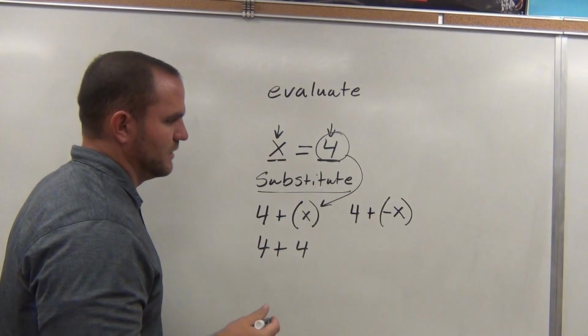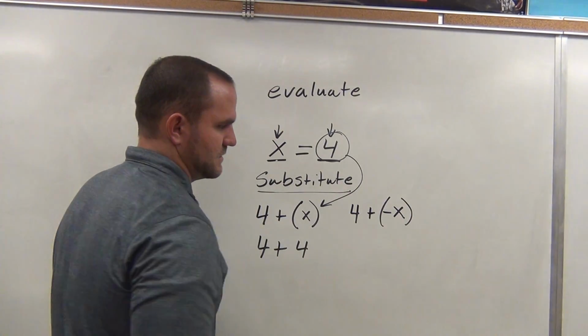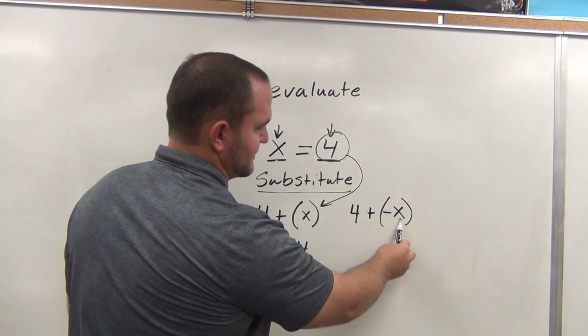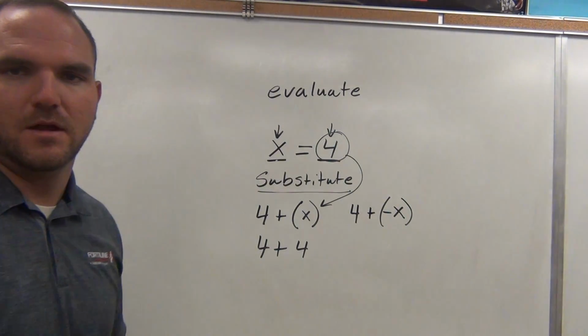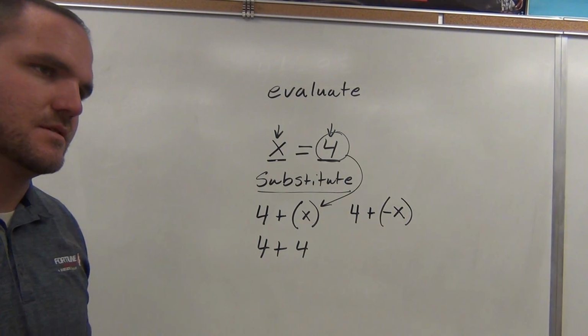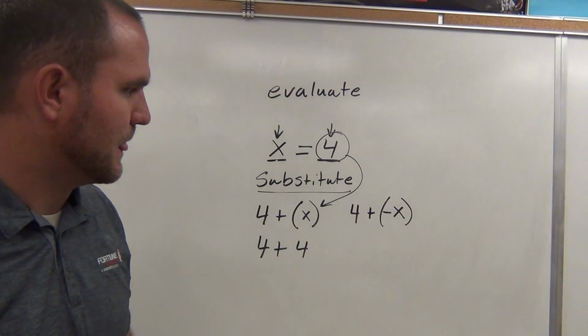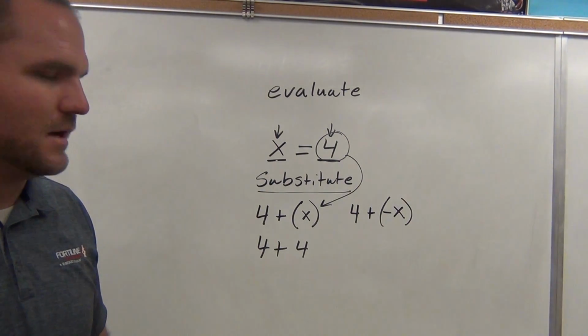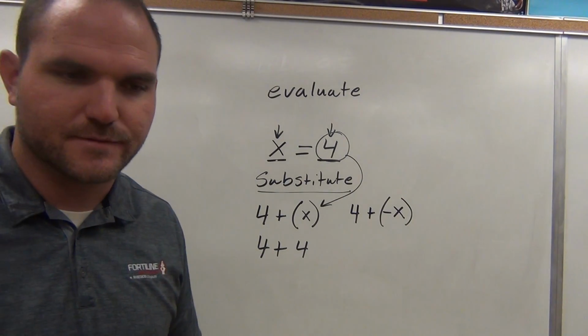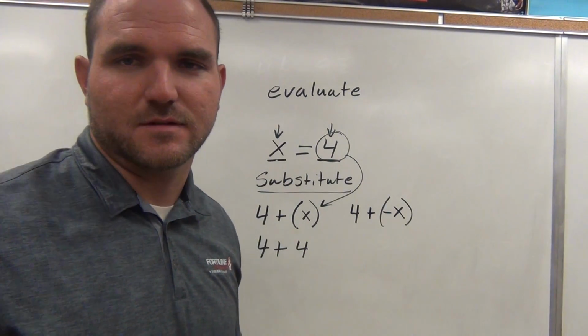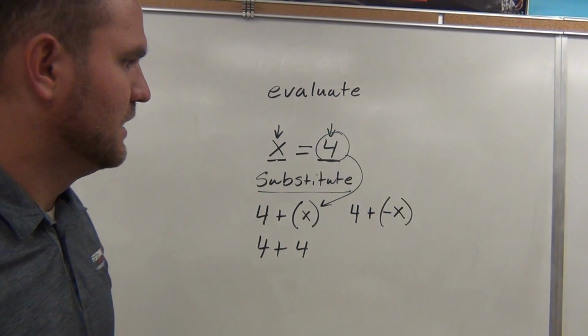But I wanted to talk about this one right here. You'll notice that it has a parentheses, and then it has a negative sign next to the x. This last year was kind of a real stumbling block for everybody. But I wanted to talk about it early, and I'm going to remind you often of this little thing that they do.